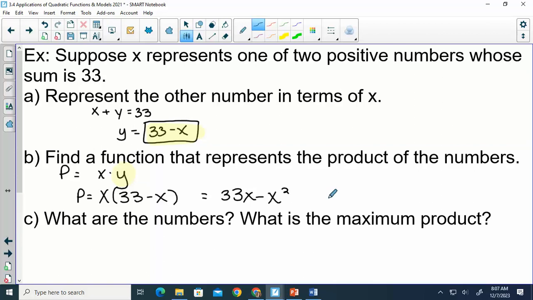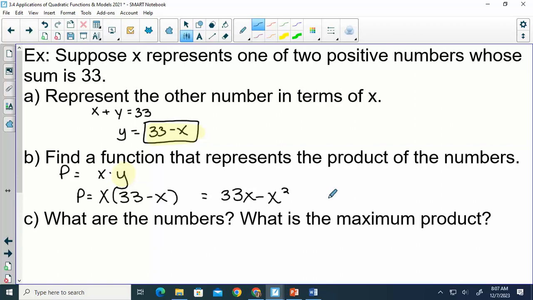So part C. I want the numbers that would give me the maximum product. So if I want to make my product as large as possible, what would my numbers have to be?